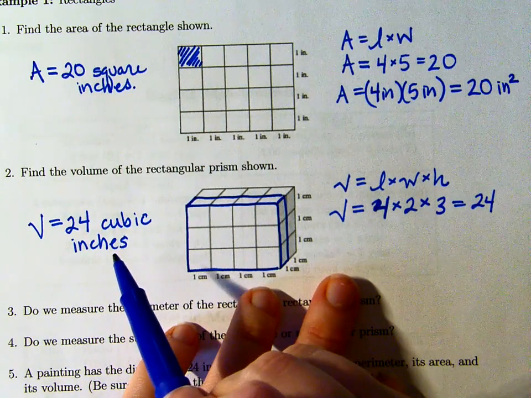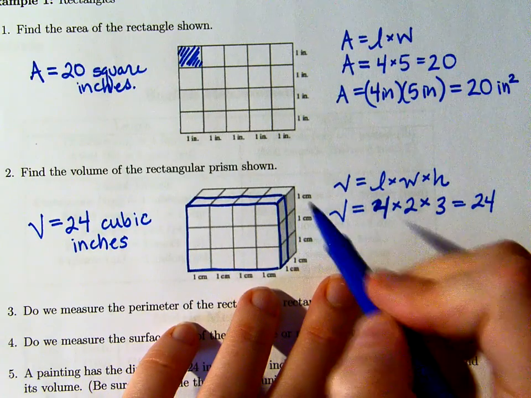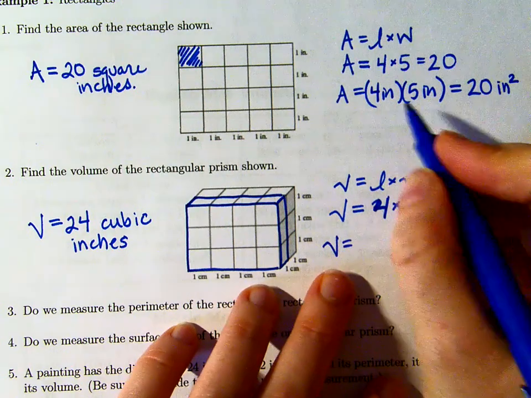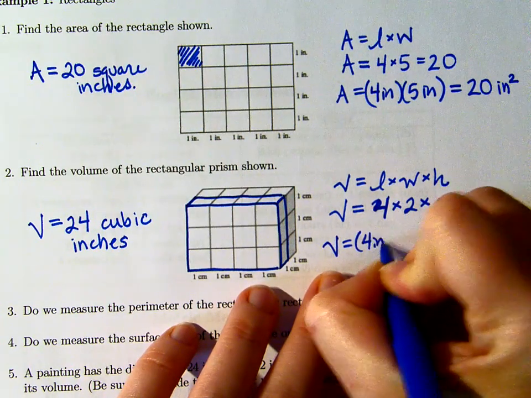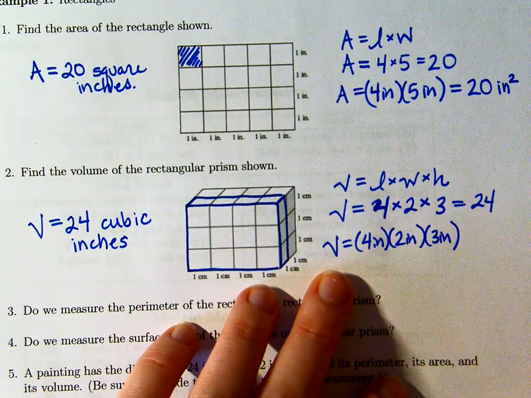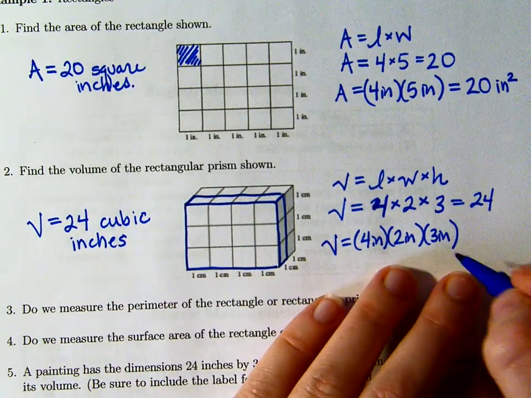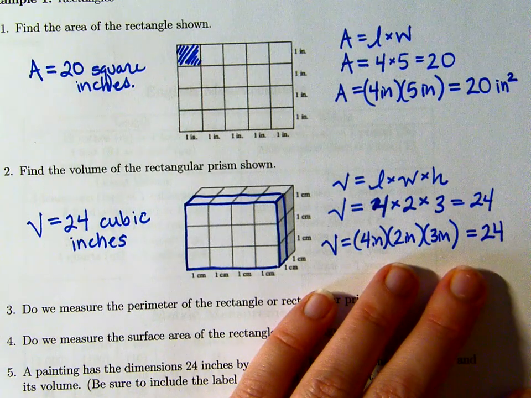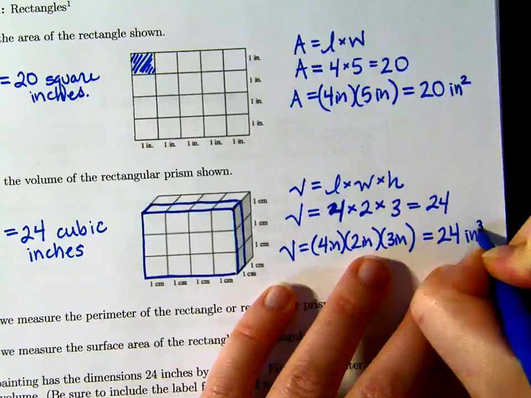And how big are those cubes? Well, they're an inch by an inch by an inch. So there are 24 cubic inches. So if you're going to use the formula, 4 inches by 2 inches by 3 inches, and notice how all of those labels match, so that we could write that this is 24 cubic inches.